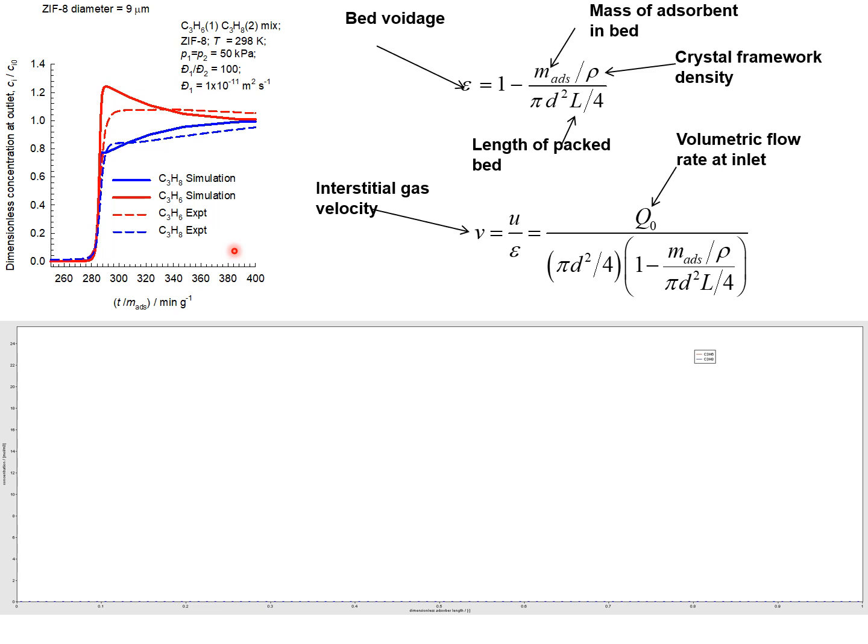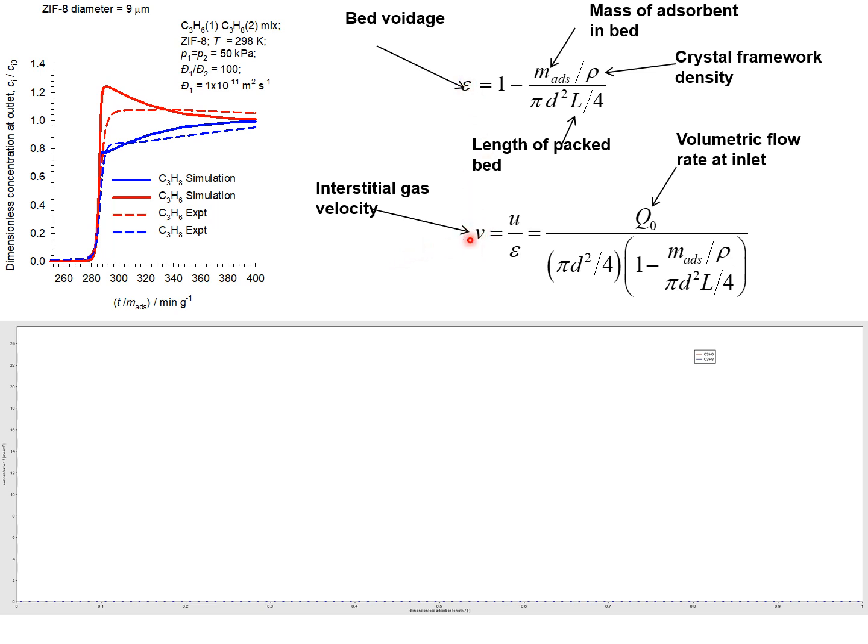From the dimensions of the fixed bed and the mass of adsorbent used, and the specified length of the packed bed and the crystal framework density of ZIF-8, which happens to be 924 kilograms per cubic meter, we can determine the bed voidage, and if the volumetric flow rate at the inlet Q0 is taken to be 0.4 milliliters per minute, as in the experiments, we can determine the interstitial gas velocities.